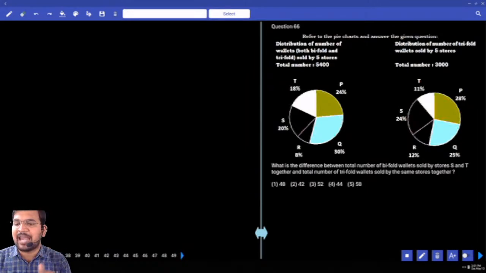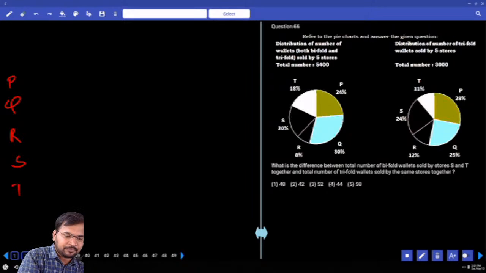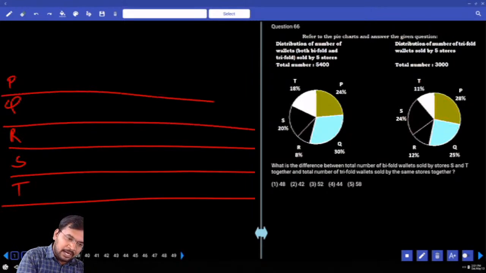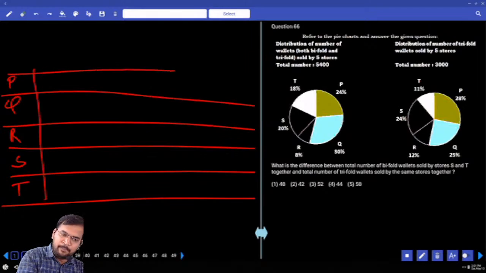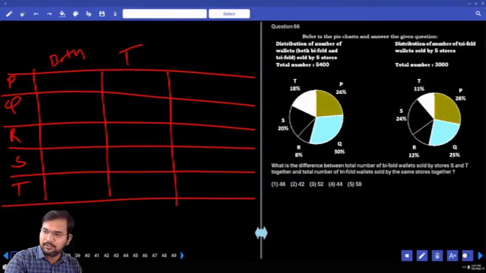Distribution of number of wallets, both bifold and trifold, sold by 5 different stores. So here P is there, Q is there, R is there, S, T. Both, trifold, and bifold.